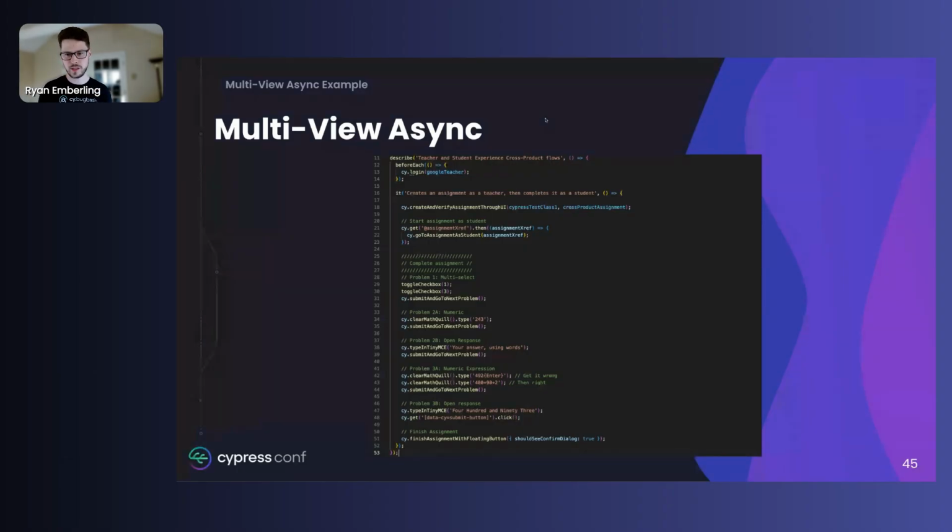And what is nice about this from a test maintenance standpoint is that we already have the bulk of the commands, or really all the commands that we need to simply start composing those commands to switch views between our teacher and student experiences. We can just call our create and verify assignment through UI command on a given fixture. And here we have one that is specifically designated to be used across products in this multi-view asynchronous approach.